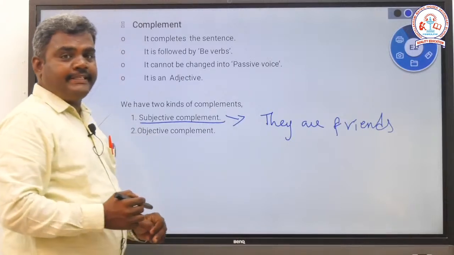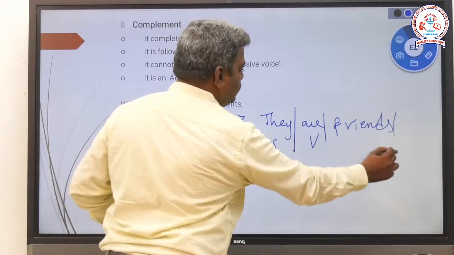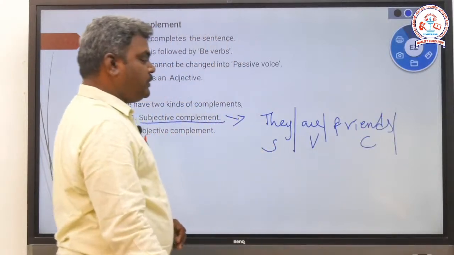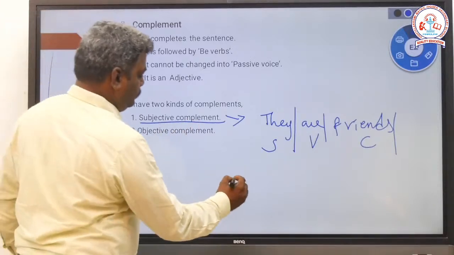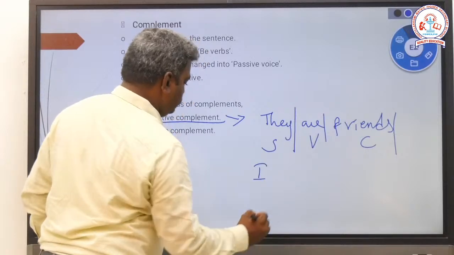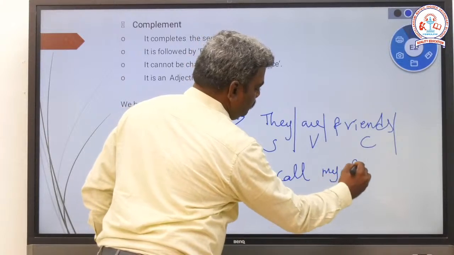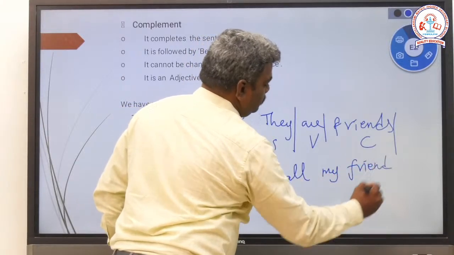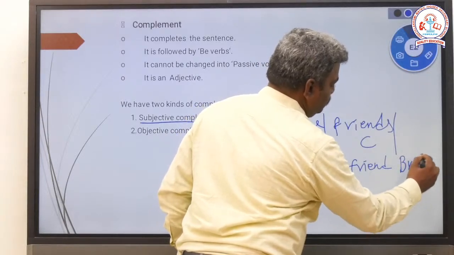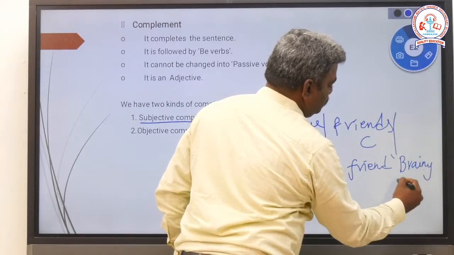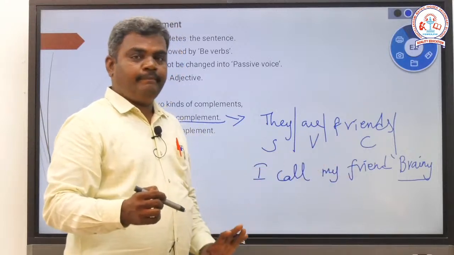They are my friends. Subject, verb, friends, complement. Okay? Objective complement. I call my friend Rainy.